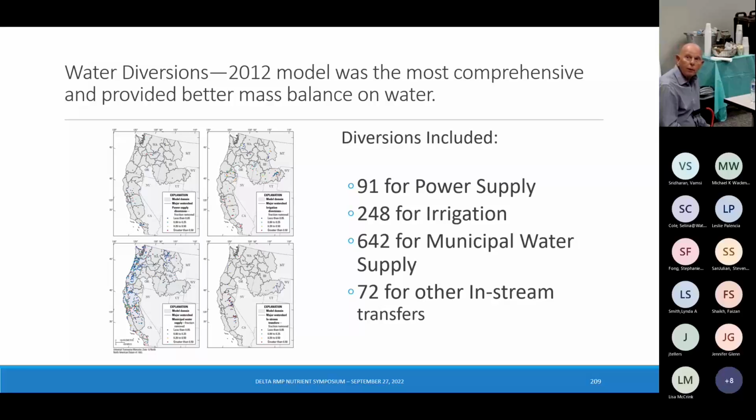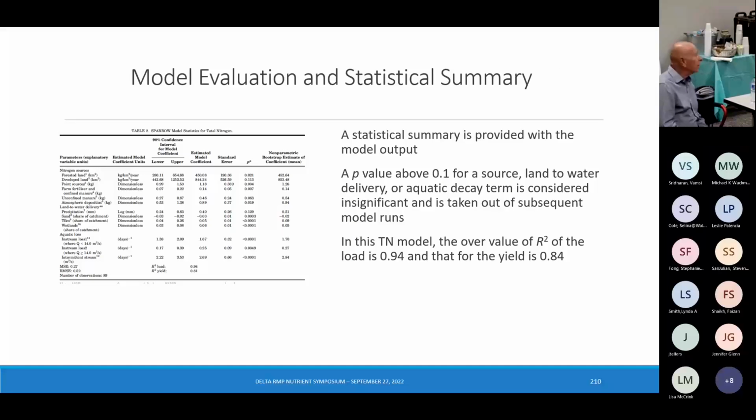So we really did our homework there and came up with as good a representation as we could of where all of these different diversions were located.